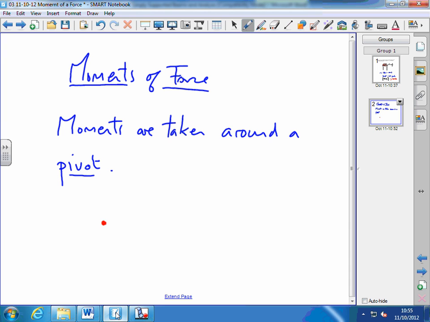So let's draw an example. That might be some sort of lever. This black line here is some sort of lever, and it's pivoted at one end. That's this end here. So this is the pivot.